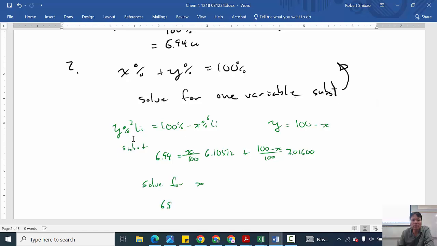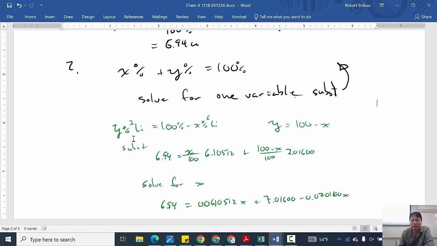So 6.94 is equal to, I'm going to divide this right here and convert it, 0.0610512x plus, then I'm going to distribute this 100. So this is going to be 1 minus 1/100th x, so this is going to be 7.01600 and then minus 0.0701600x.